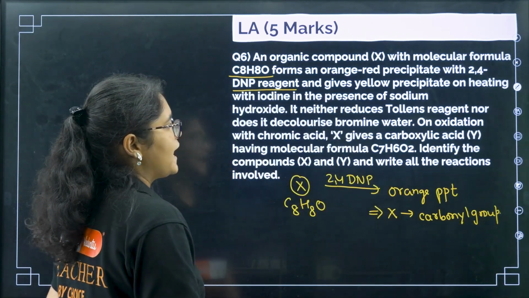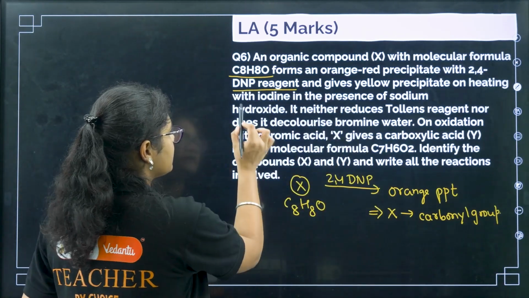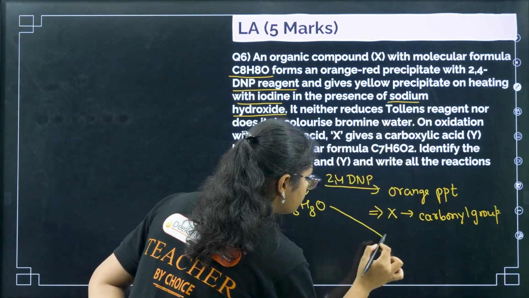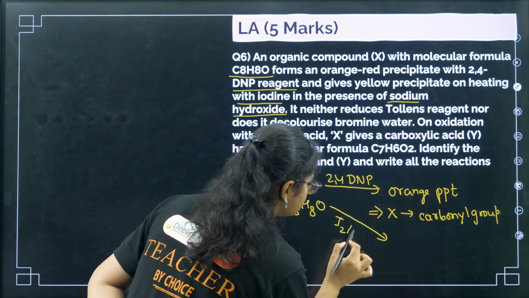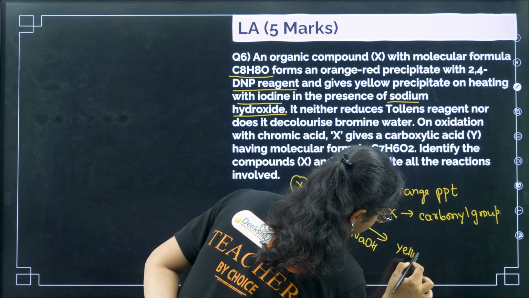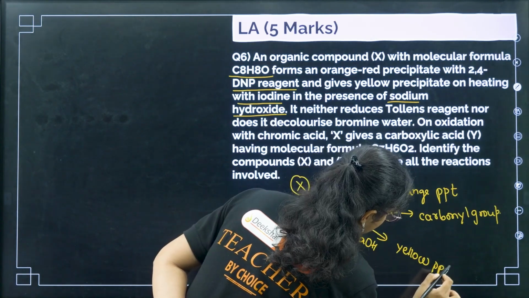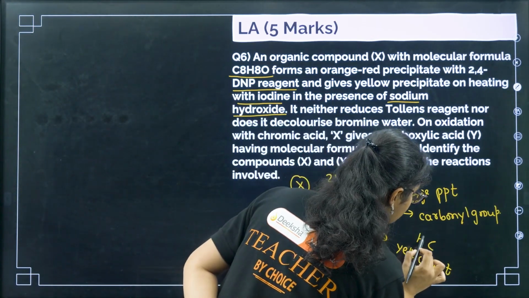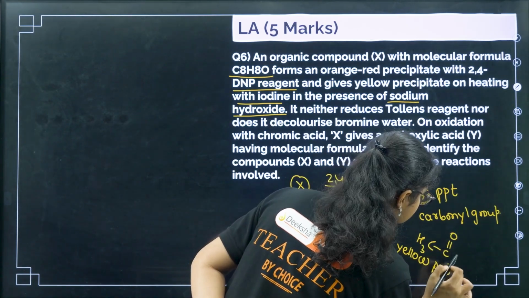Next, it gives yellow precipitate on heating with iodine in the presence of sodium hydroxide. So if you treat it with iodine in presence of sodium hydroxide, we get a yellow precipitate, right? What is this indicating? This says that there must be a CH3CO group attached somewhere.